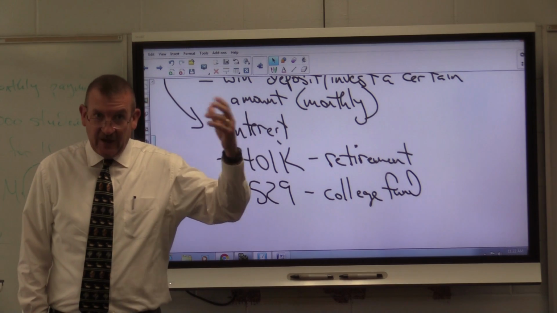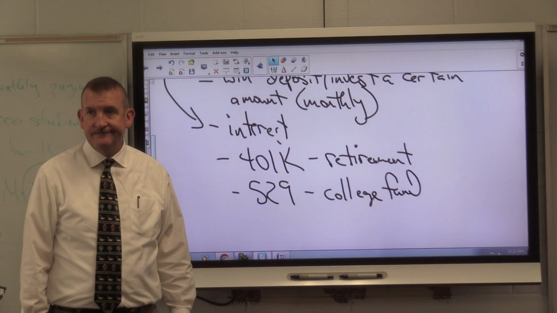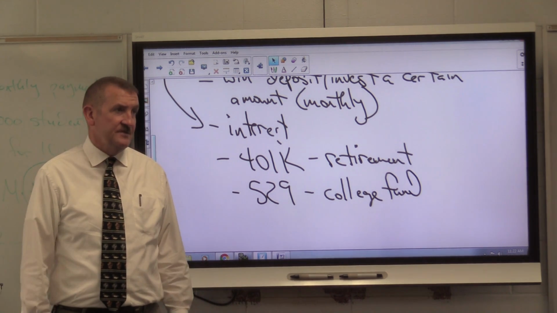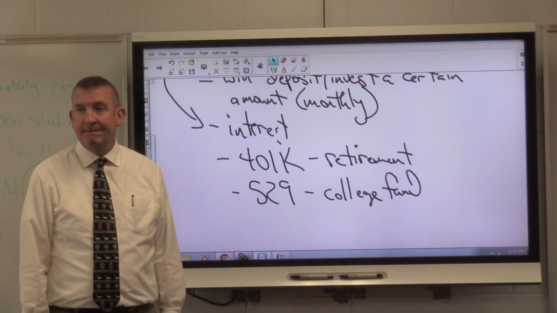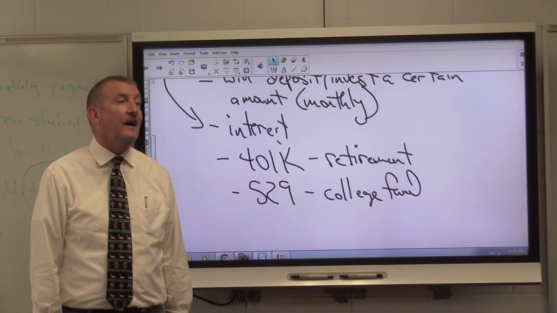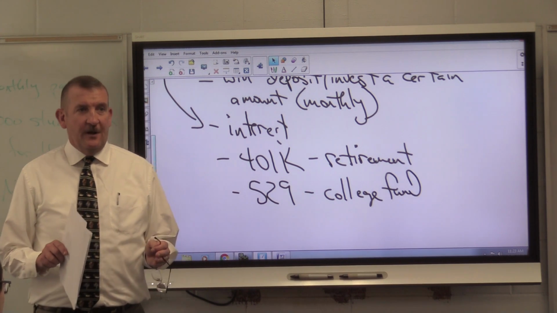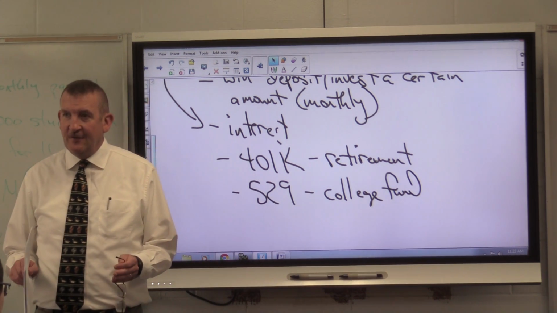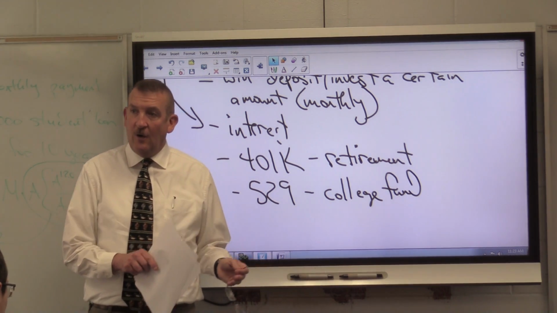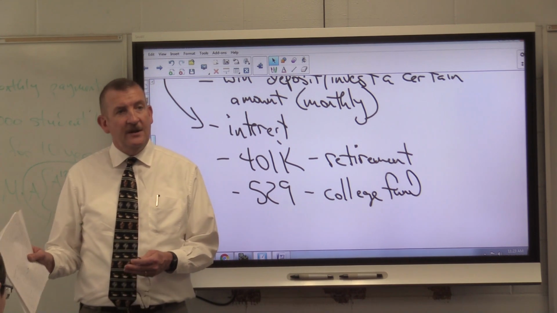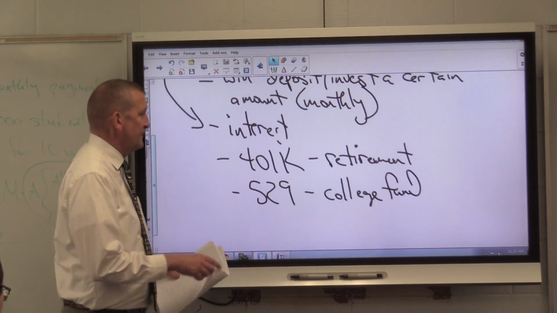What's another type that some of you have? A savings account. A savings account is an investment because you're earning interest. You're not going to earn a ton of money, but you're earning money. Hopefully you leave the majority of your money in savings and transfer it to your checking account when you need to pay a bill, so it keeps earning interest.